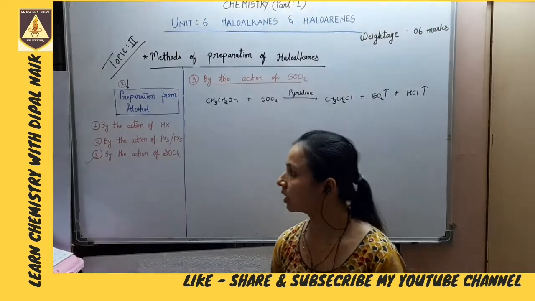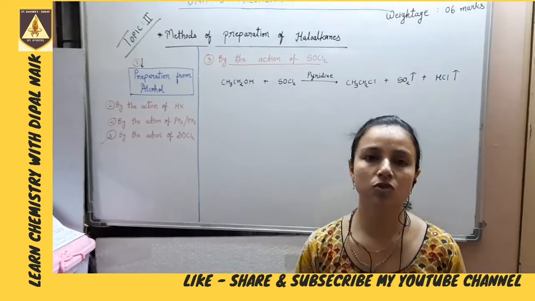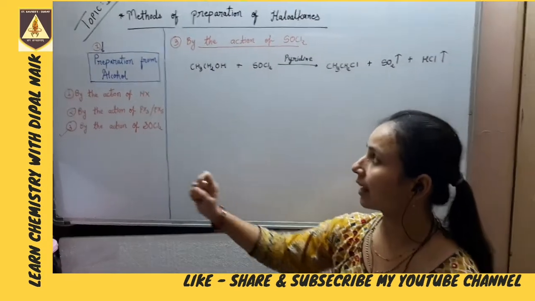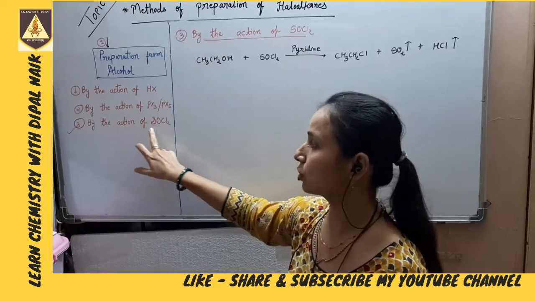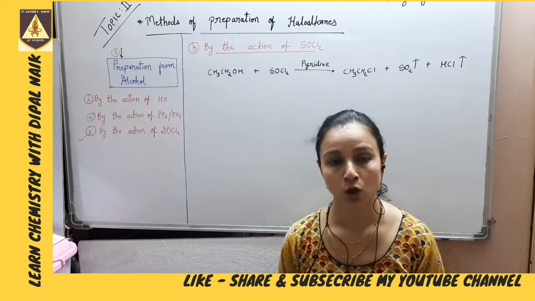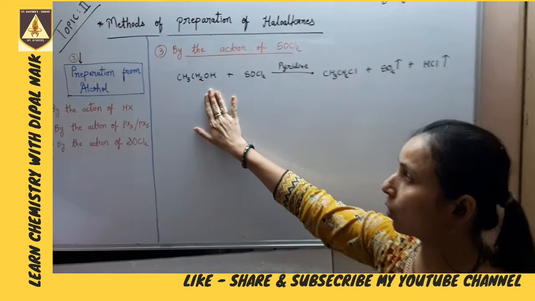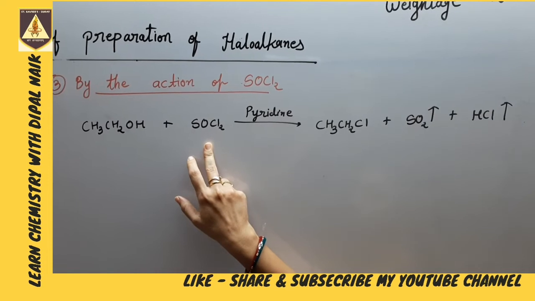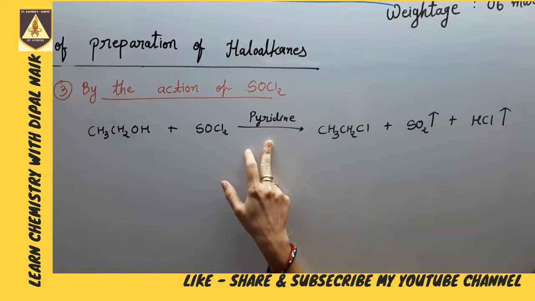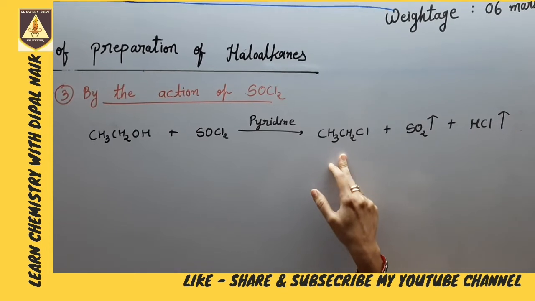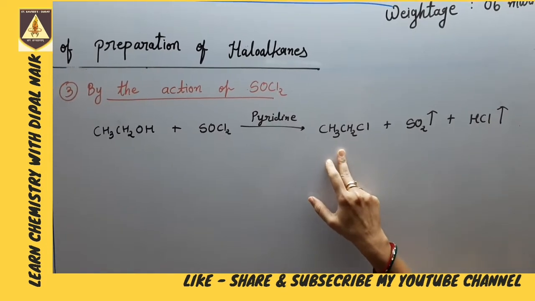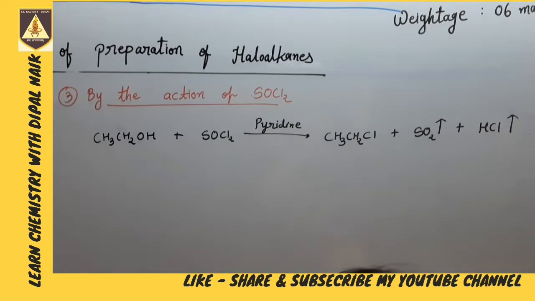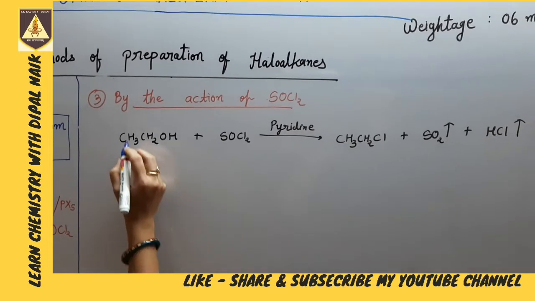Now we see the third most important and most commonly used method of preparation of haloalkanes from alcohol, and that is by the action of SOCl2, that is thionyl chloride. Alcohol is reacted with SOCl2, thionyl chloride, in the presence of pyridine as catalyst to give chloroethane, that is haloalkane. The byproducts are SO2 and HCl. We label all the reagents and products.